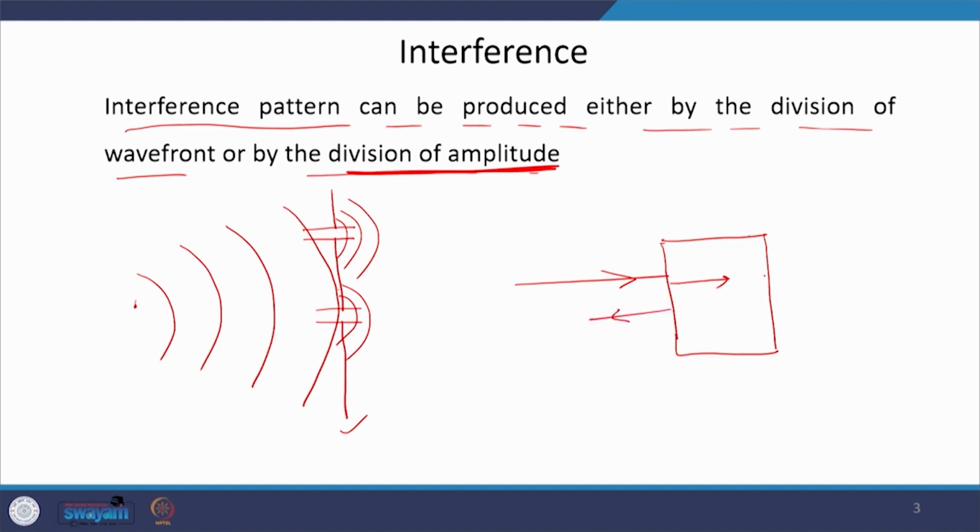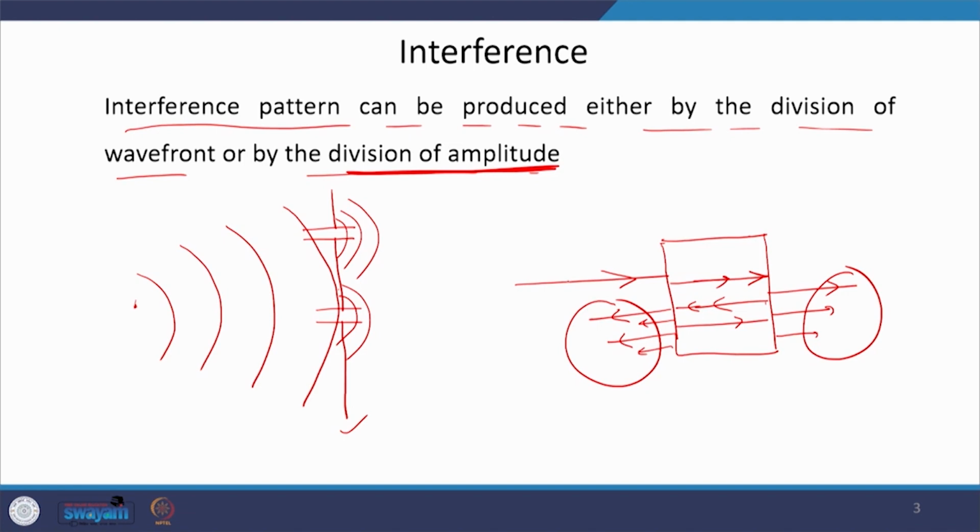This transmitted part will again fall on the second interface, and again a part will be reflected and a part will be transmitted. This reflected ray will again go back after reflection and a part will be transmitted, and therefore there would be multiple transmitted and multiple reflected waves, and under suitable circumstances these waves may overlap and give interference fringes.